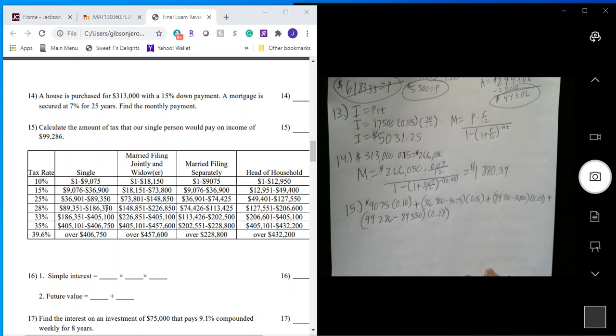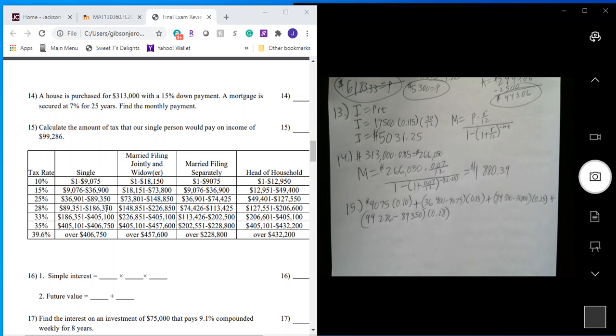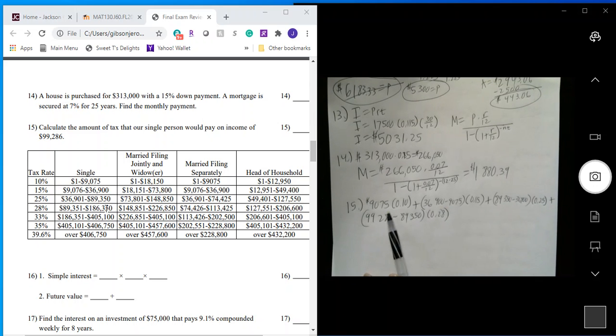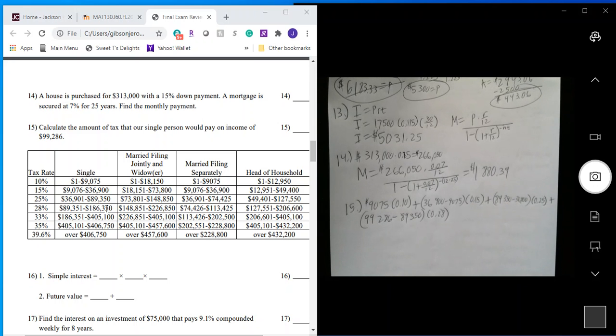Now again, if you notice here on each one of the tax brackets we go to, we end up using the highest from the previous tax bracket. Like at the 15%, we took the highest from the 10% and subtracted it. At the 25%, we took the highest from the 15% and subtracted it from the 25% value. And then finally, 28%, we did the same thing.